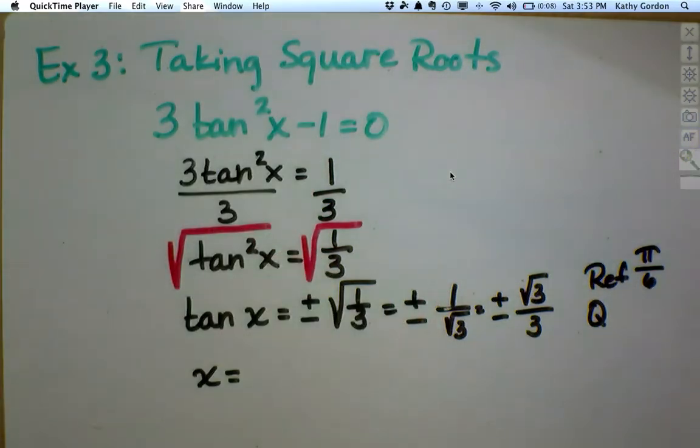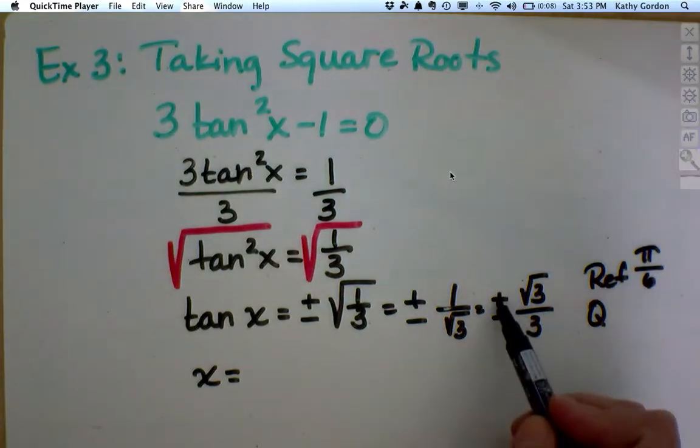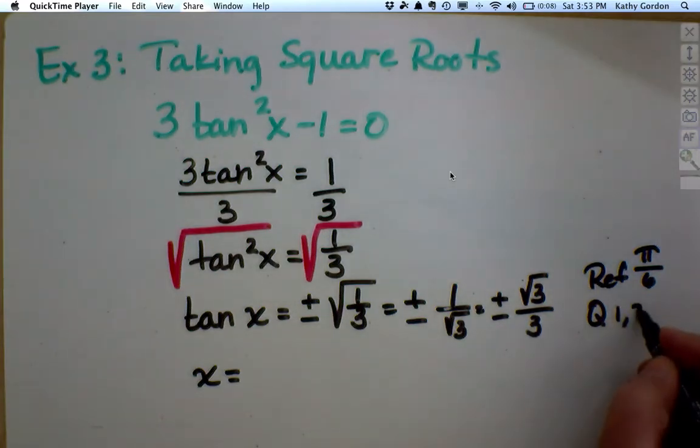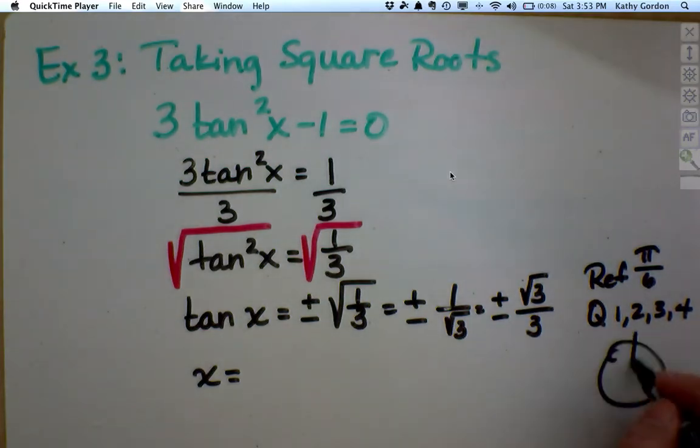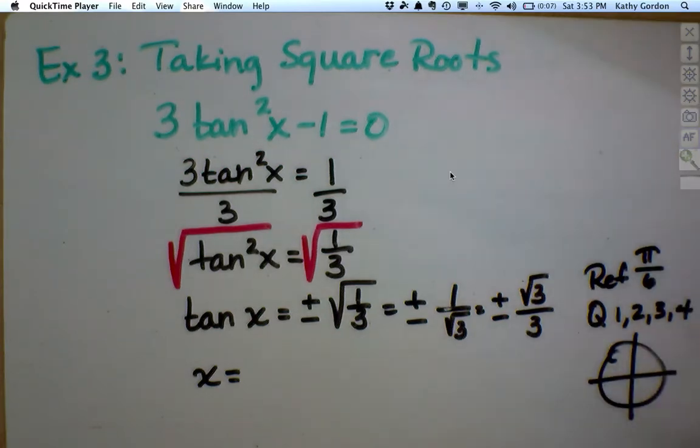Then, which quadrants are we in? Well, since our answer can be positive or negative, we're in all of the quadrants. So what are the angle measures in all of the quadrants that have a reference angle of pi over 6?